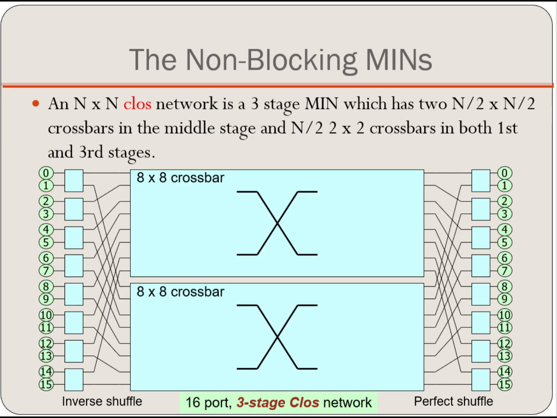Because every two nodes have two different paths, you just allocate those paths in such a way that they will not conflict.